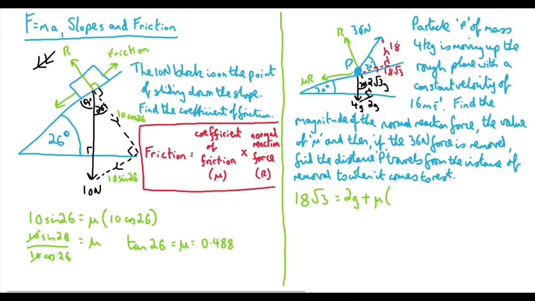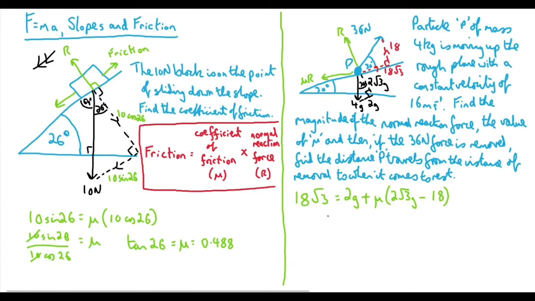But this time, because the 18 is also lifting up off the slope, it's alleviating the balance here from the downward force. So it's just the 2 root 3g would equal instead the 18 and the R together. Therefore, the R is the 2 root 3g minus the 18.